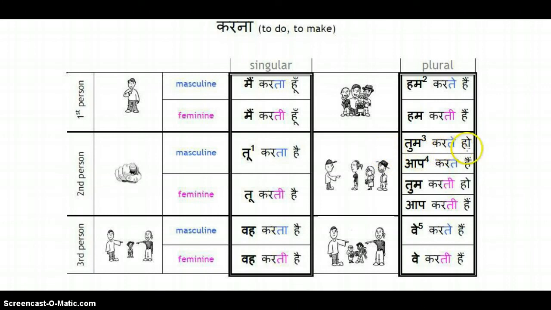तुम करते हो, masculine, informal. And आप करते हैं, masculine, formal. And then तुम करती हो, feminine, informal. And आप करती हैं, feminine, formal.